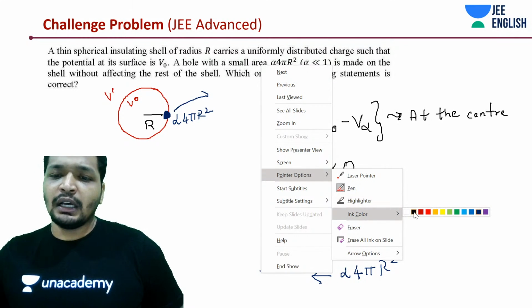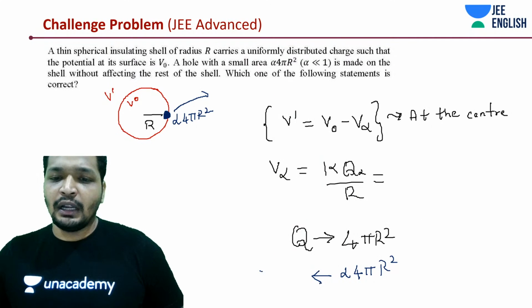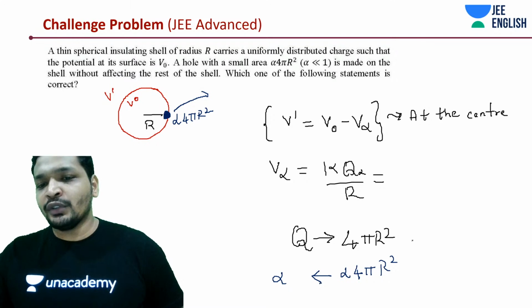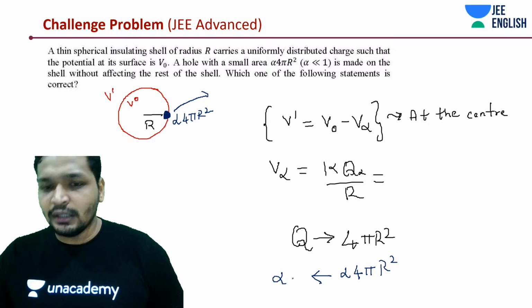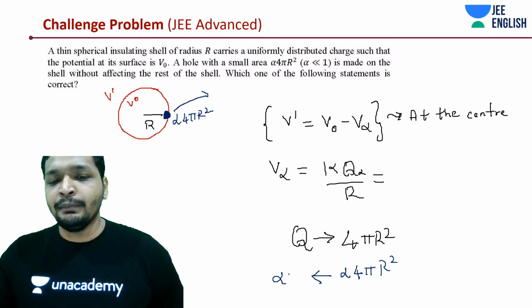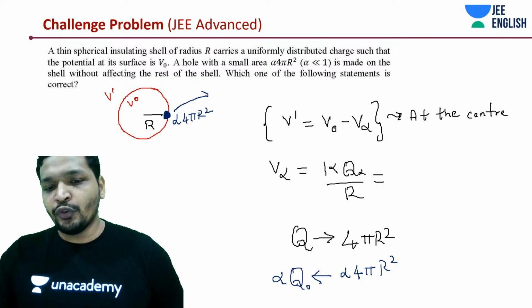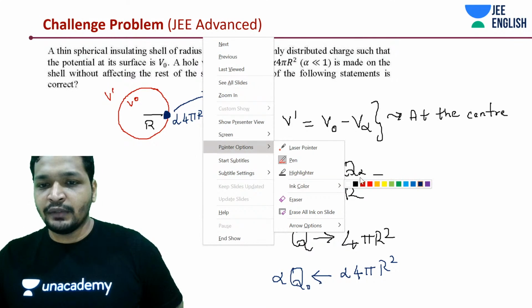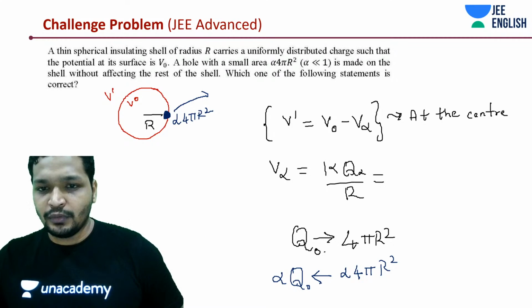The Q is our assumption, right? So if the total was Q naught, then on alpha into 4 pi r square it would be alpha into Q naught. Let's call the total Q naught, that's what we began with.